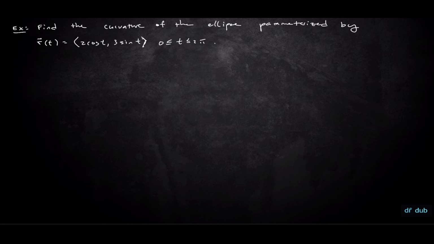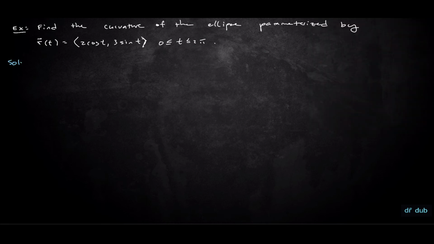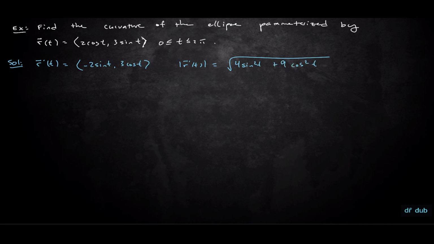Okay, we'll just try the same thing. So solution, I need r prime of t, which is going to be negative 2 sine t, 3 cosine t. The magnitude of r prime is going to be the square root of 4 sine squared plus 9 cosine squared. This is getting to be a little bit trickier because the magnitude of r prime is not going to be a constant here.